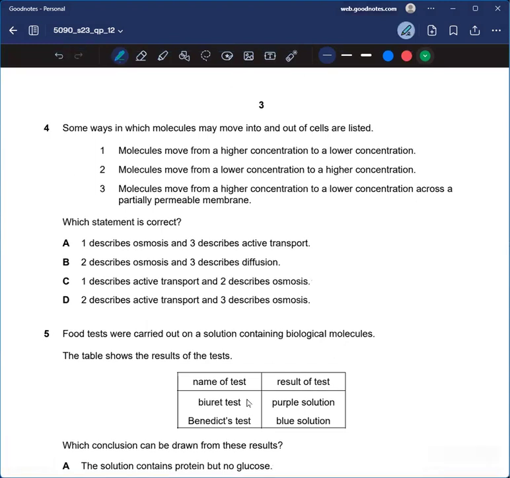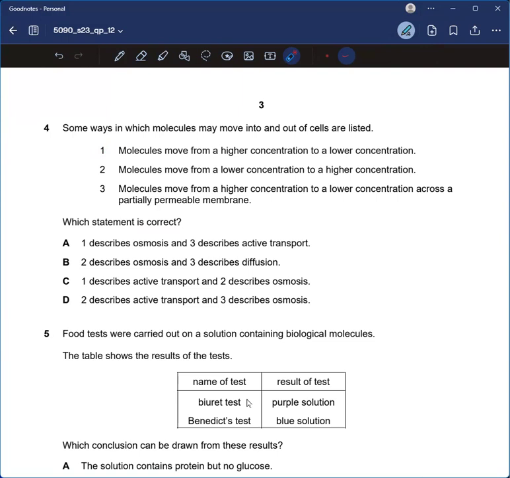Question number 4. Some ways in which molecules may move into and out of cells are listed. These statements are given. Which statement is correct? Molecules move from a higher concentration to a lower concentration. Molecules move from a lower concentration to a higher concentration.